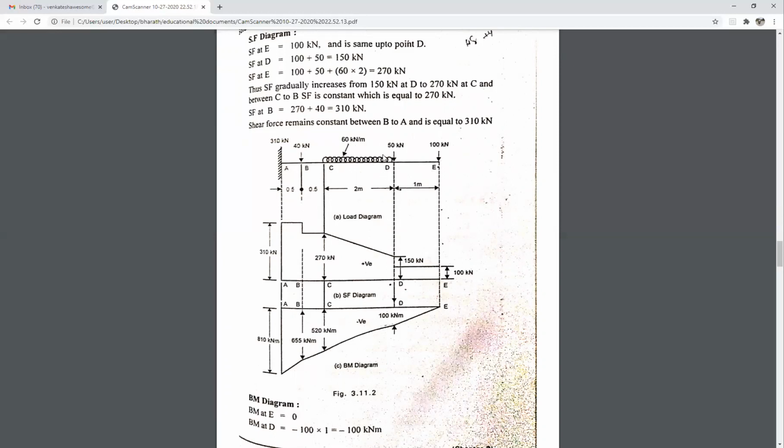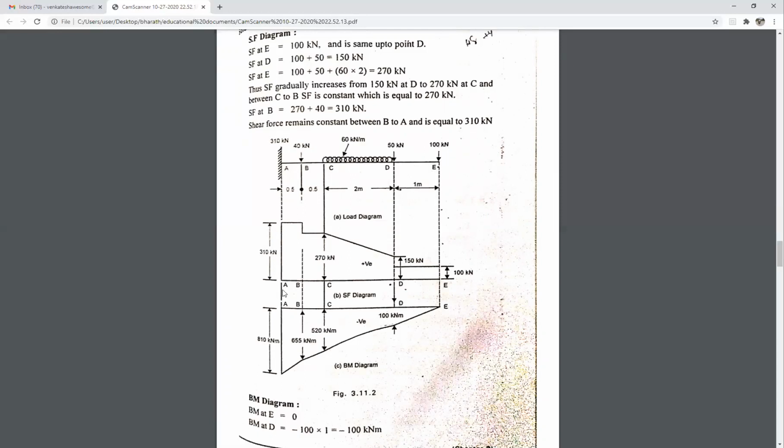This is the main combination. Up to now we have discussed two forces separated by some distance, but here there is no distance between these two. And 100 kN will be there.